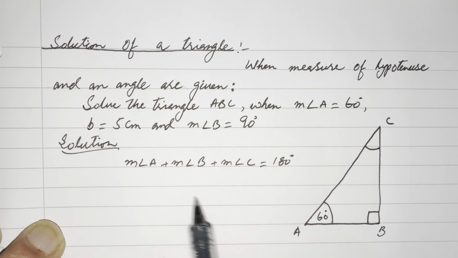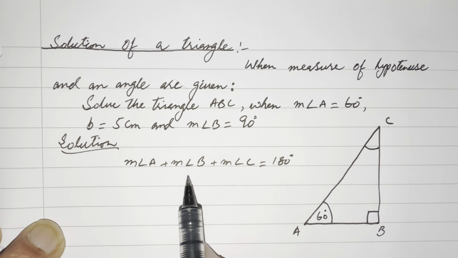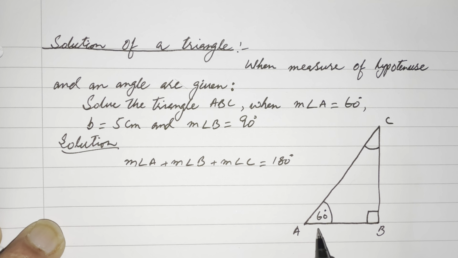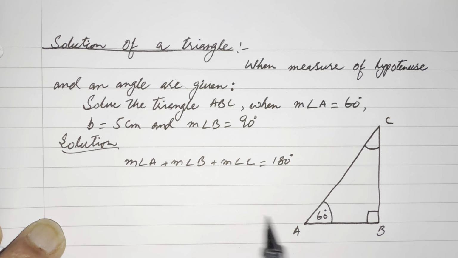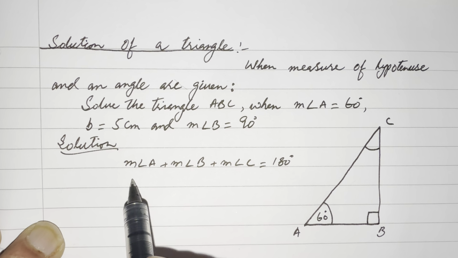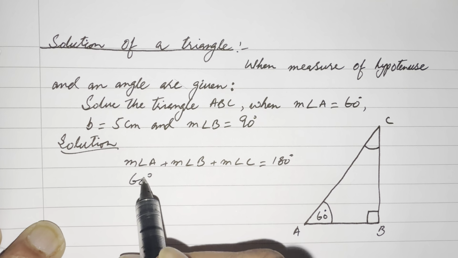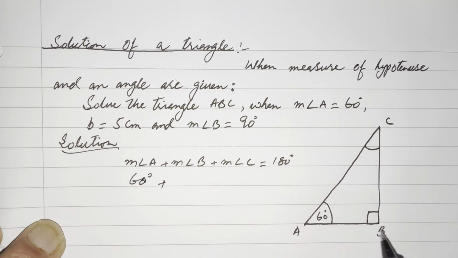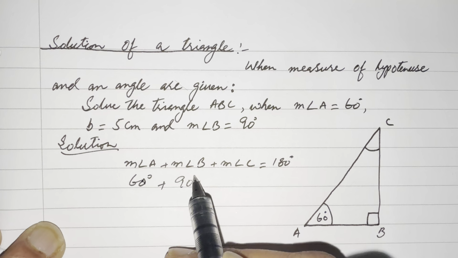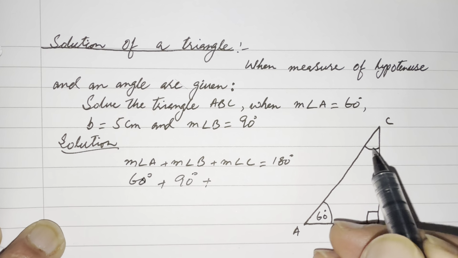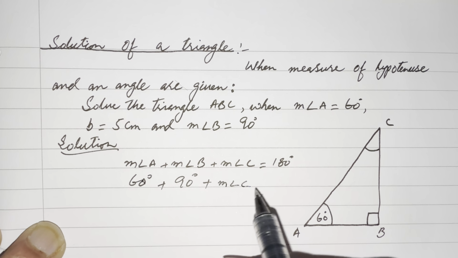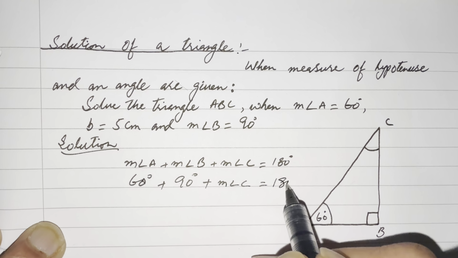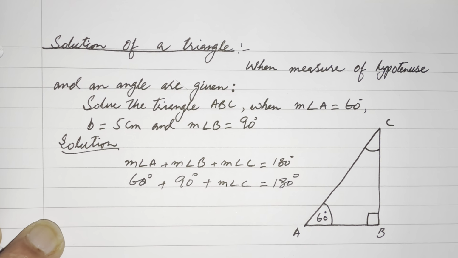So now we are putting in the values of the given angles. Measure of angle A is given as 60 degrees, so we put 60 degrees over here, plus measure of angle B is 90 degrees, and measure of angle C we have to find, so that will be written as it is. Measure of angle C is equal to 180 degrees.